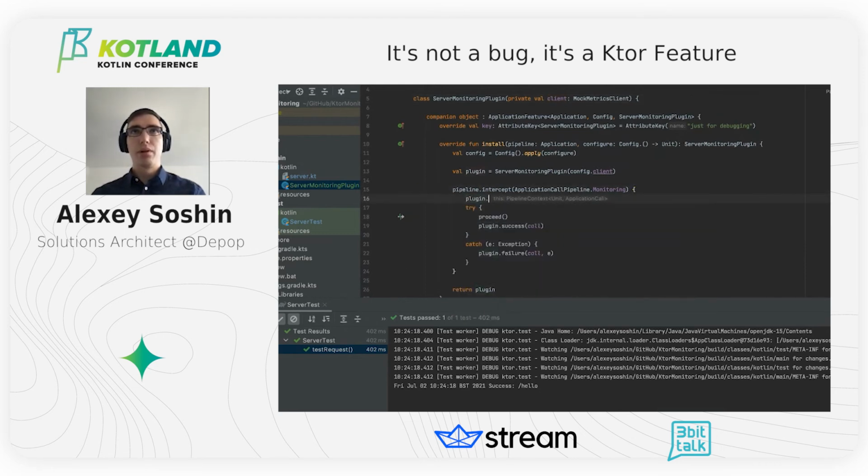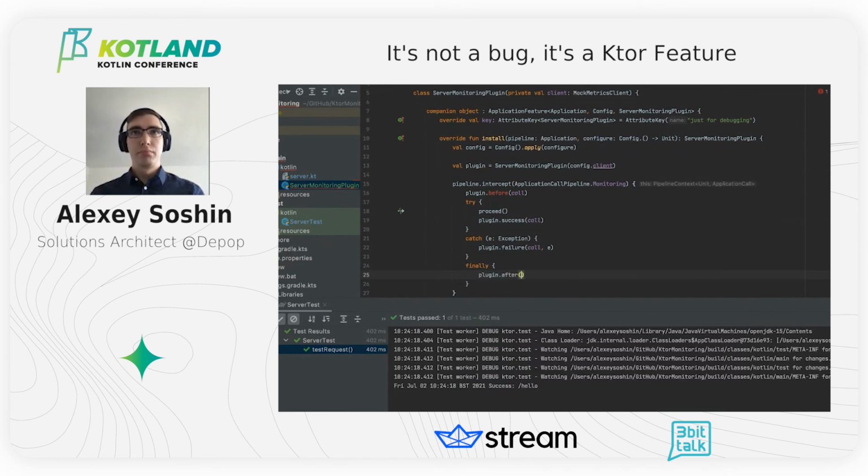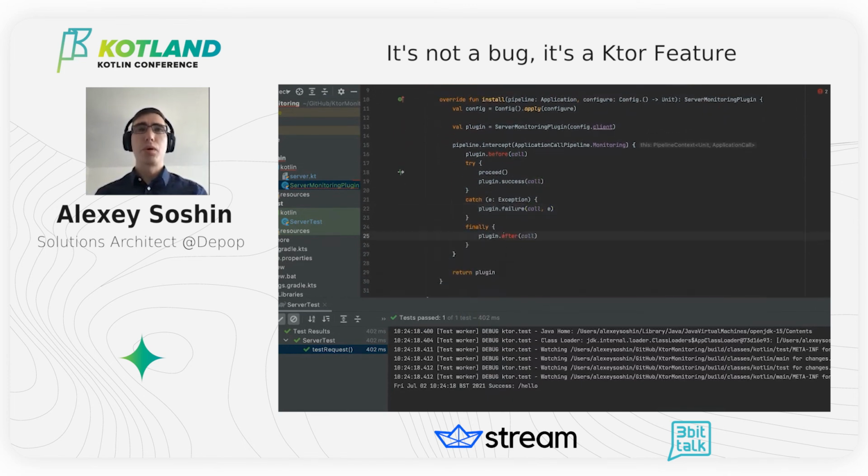So we'll have another function that we call before the request starts, just after the request arrives. And we'll have a finally block, when we invoke the after function.